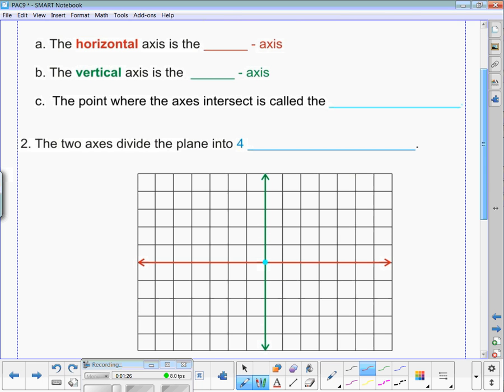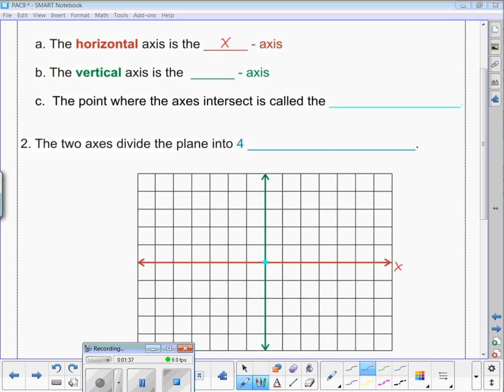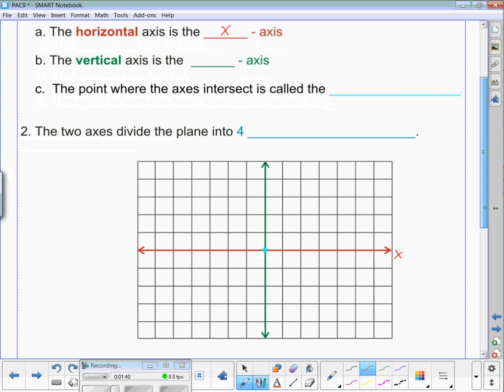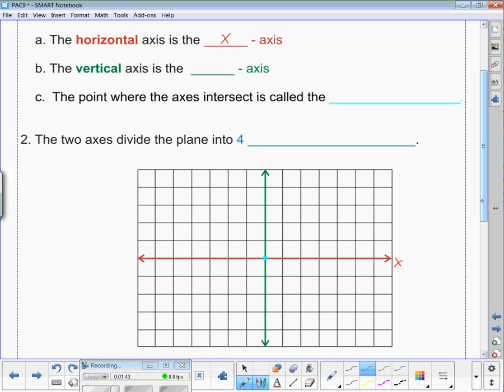A horizontal axis, which is the x-axis. You can see that's in red on the graph there. Okay, so the horizontal axis, the red one, is the x-axis. And then you have a vertical axis, and the vertical axis is the y-axis.